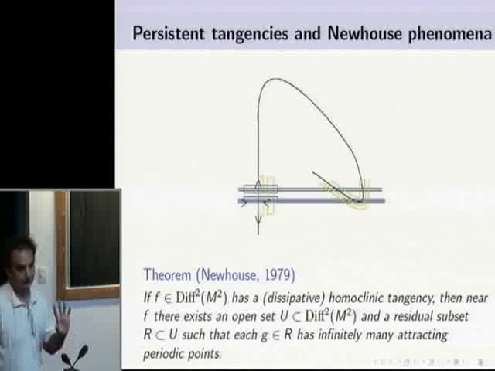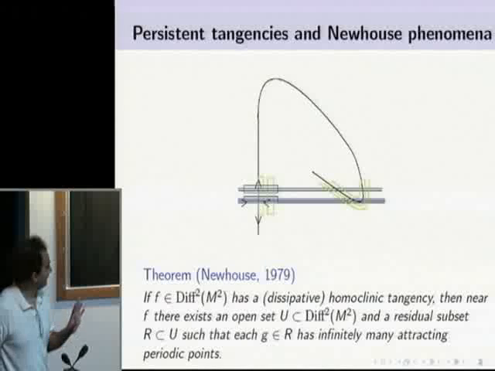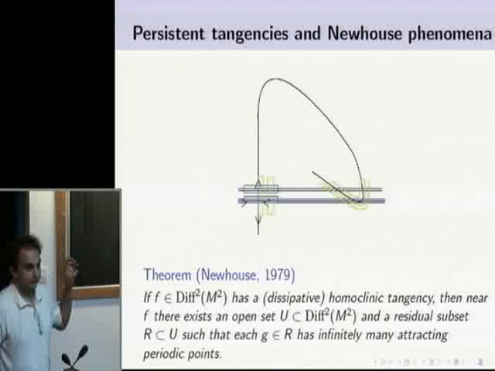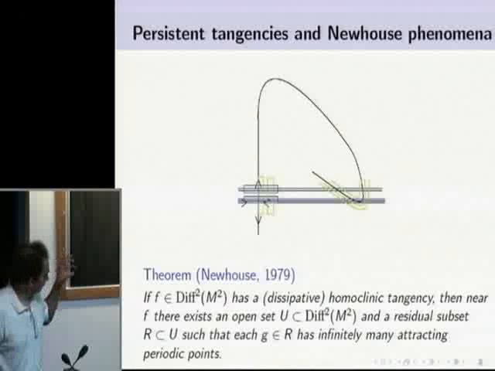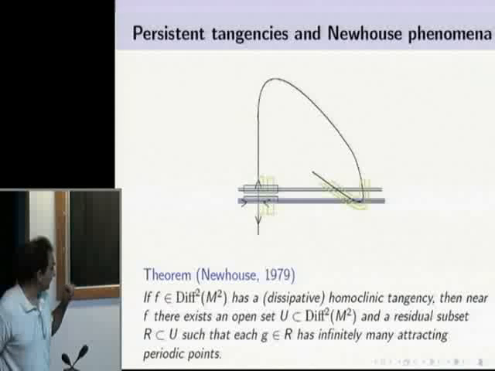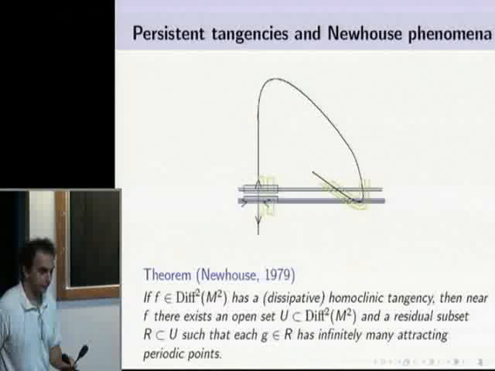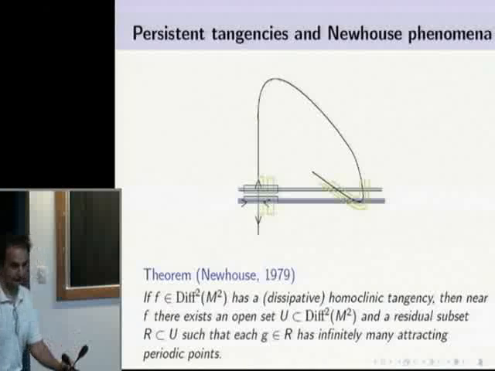Suppose that you have a diffeomorphism of a surface such that you have a homoclinic tangency, then near this map there exists an open set of diffeomorphisms and a residual subset of that open set where each diffeomorphism has infinitely many attracting periodic orbits.